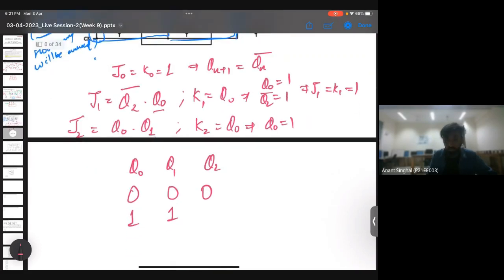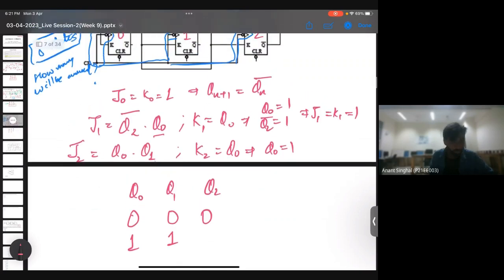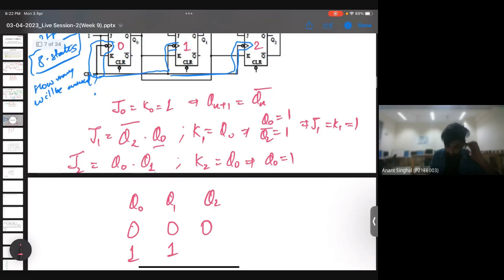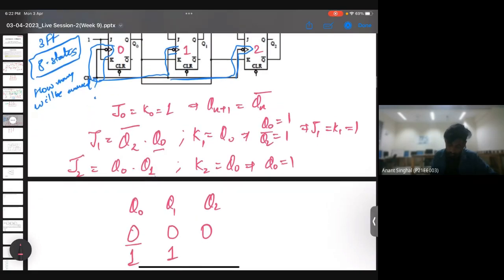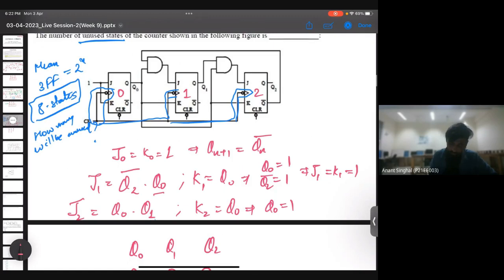Sir, before applying the clock, Q0 equals 0. Okay, yeah. Initially Q0 equals 0. Then J1 equals 0, sir.